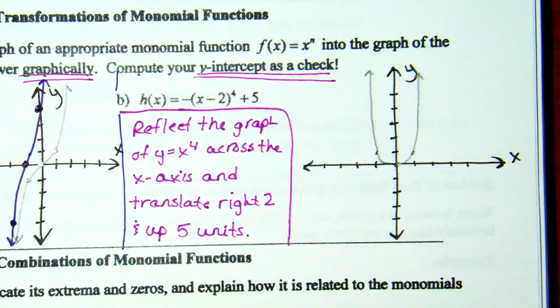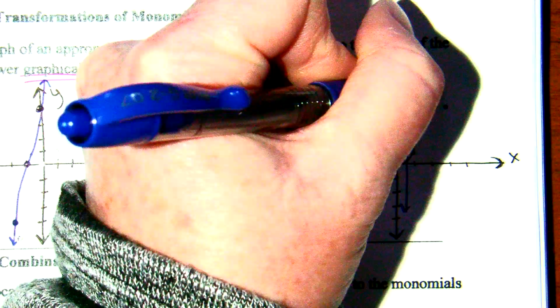So since I'm upside down now, I can go over 1, down 1. Over 1, down 1. And so your quartic, as it's called, looks something like such. Not exactly the best, but we'll go with it.